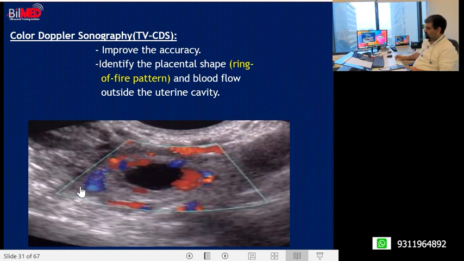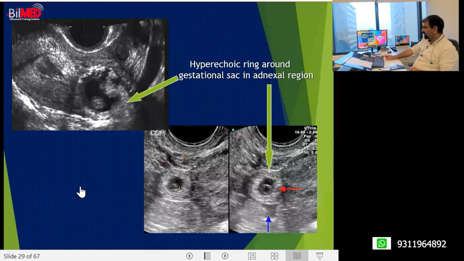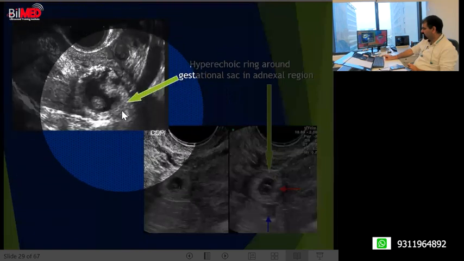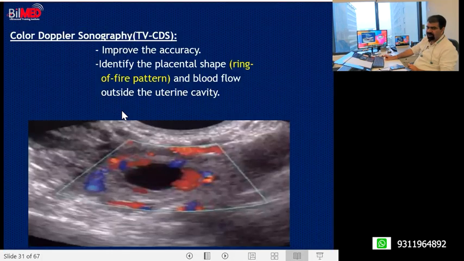So first thing is the vagal sign, this hyperechoic ring surrounding the gestational sac. Second, I will be putting the color Doppler, and if there is vascularity around this cystic lesion, that is also favoring the gestational sac.